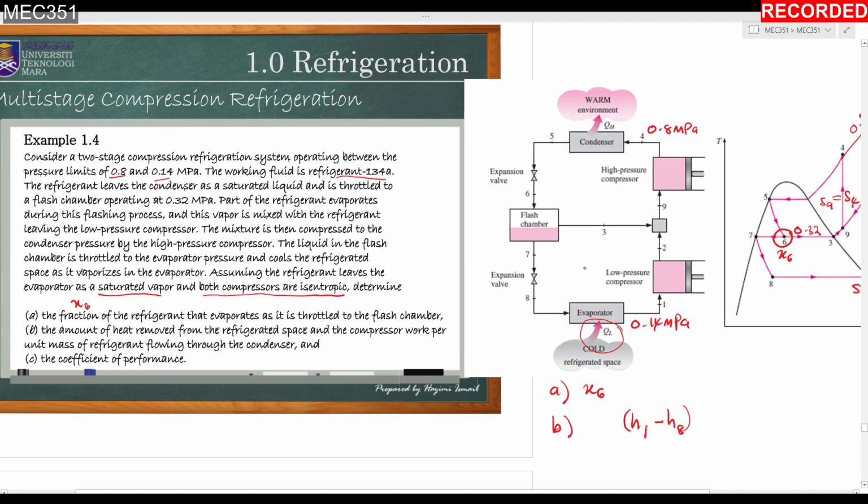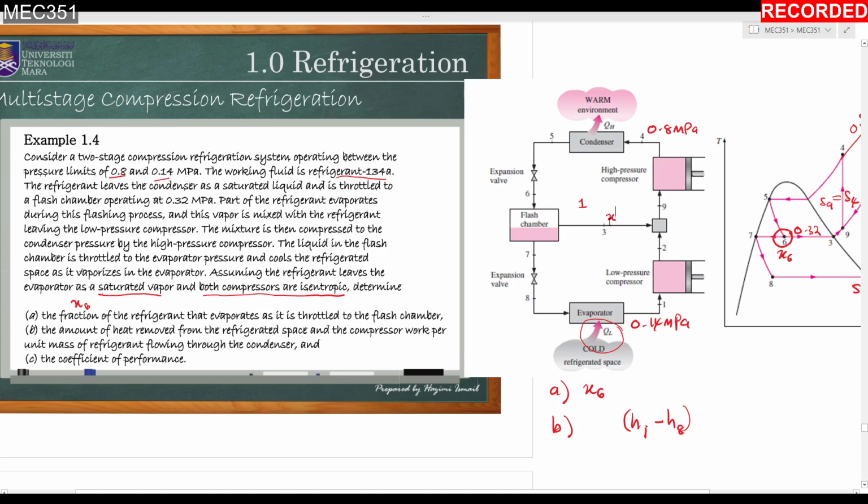Okay, let's say the whole system is equal to 1 mass flow rate. So after it separates between state 3 and state 7, if here I put the variable x, as it will confuse with the fraction.